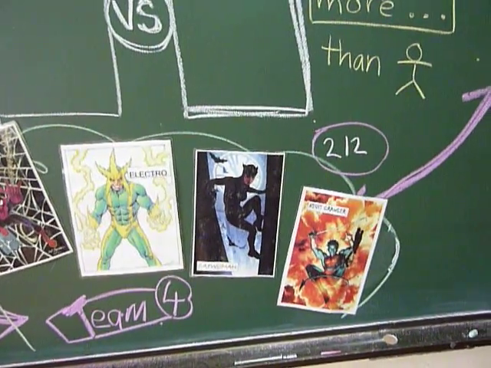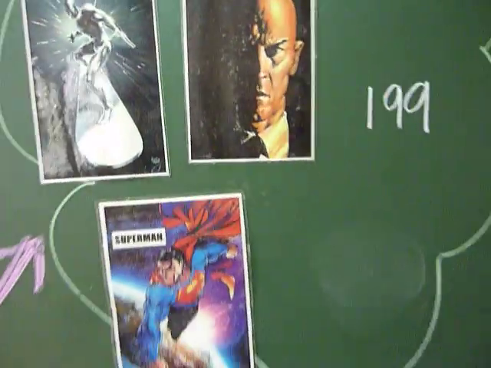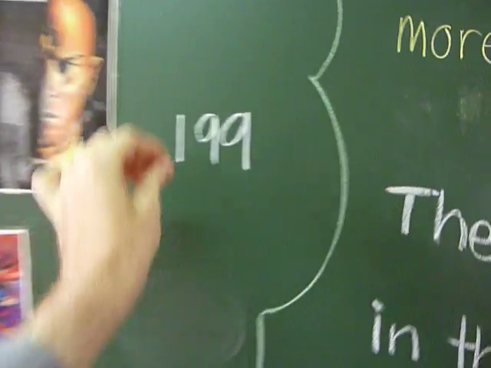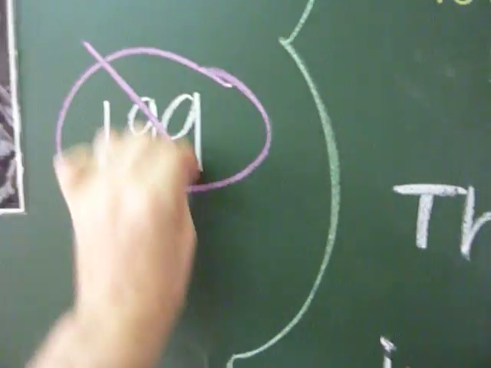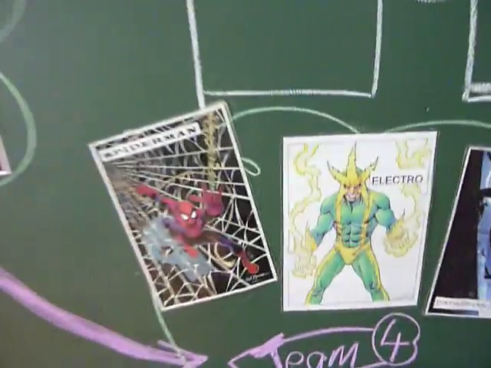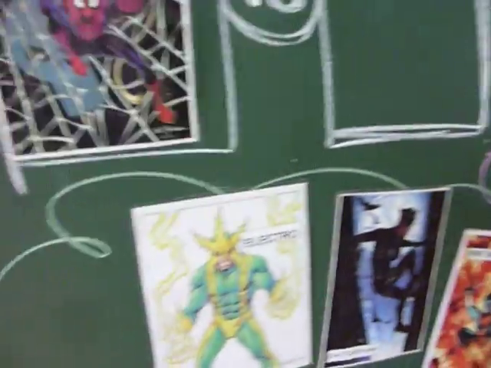So they can attack either team that they are connected to with a pink line. But I make a rule that the same team cannot be attacked twice in one go. So Team 3 was attacked already, so they are now safe, which means Team 4 has to attack Team 1. So let's say they choose Spider-Man to attack Magneto.